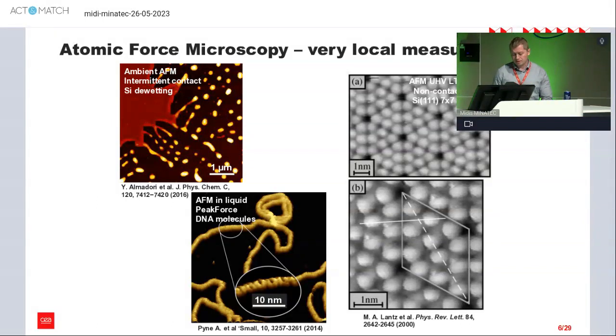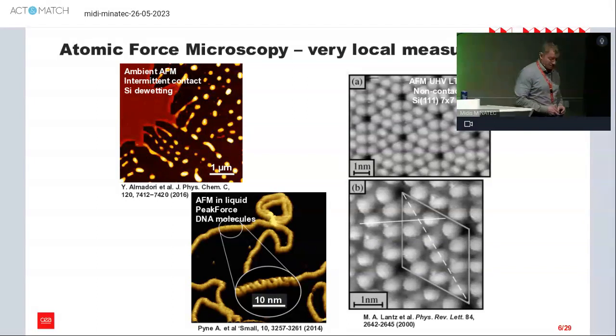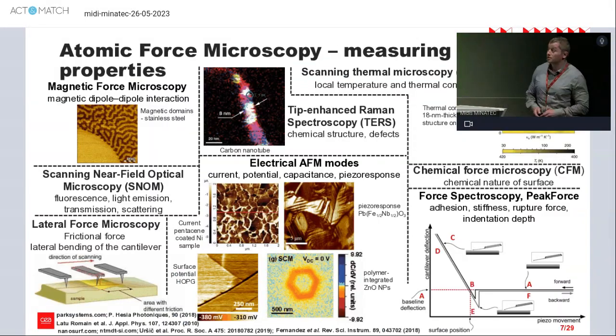The second example is DNA molecules obtained by AFM in liquid with peak force. And the third image is atomic resolution with non-contact AFM at low temperature. This is the silicon 111 reconstruction. So this is just for topography, but by AFM, you can have access to other different parameters.